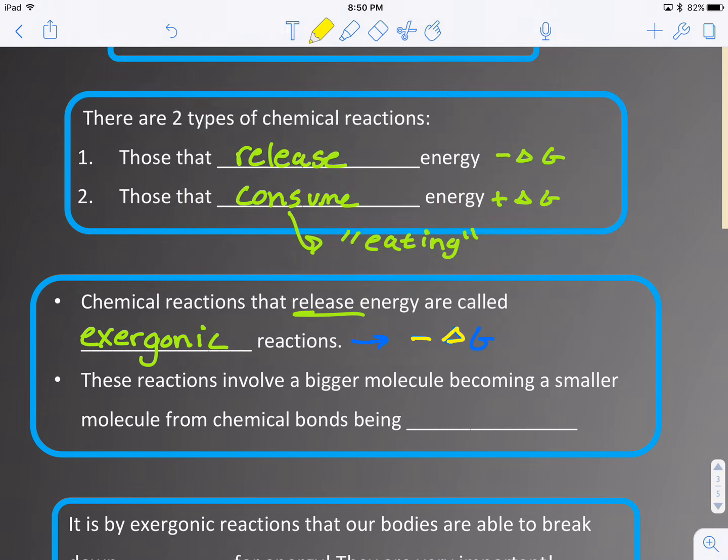Negative delta G, okay? That's the important part there. These reactions involve a bigger molecule, okay? So something bigger being broken down into something small, okay? So what's going on here is that chemical bonds are being broken. Energy is released.